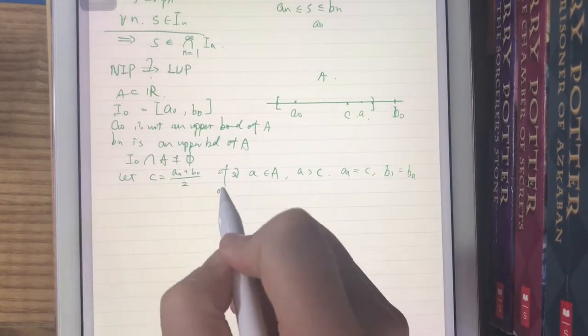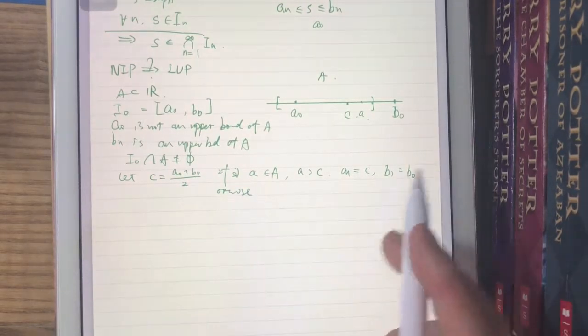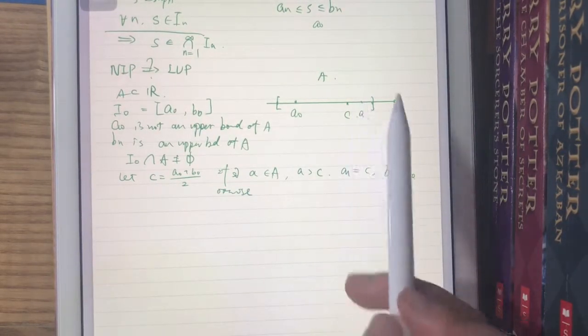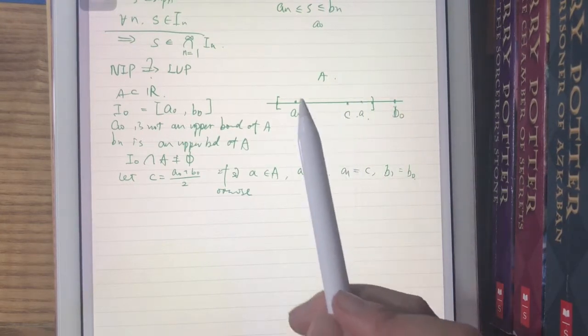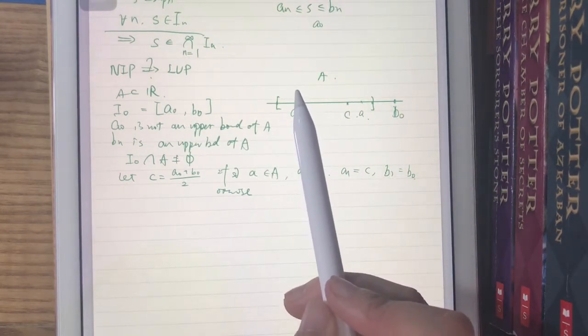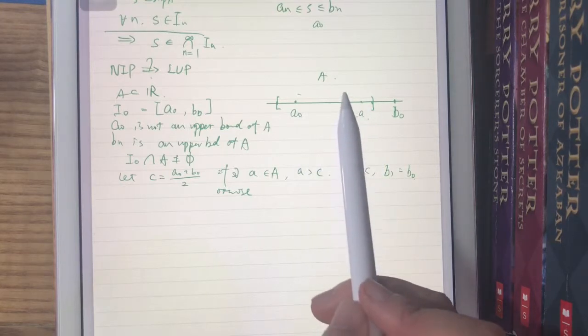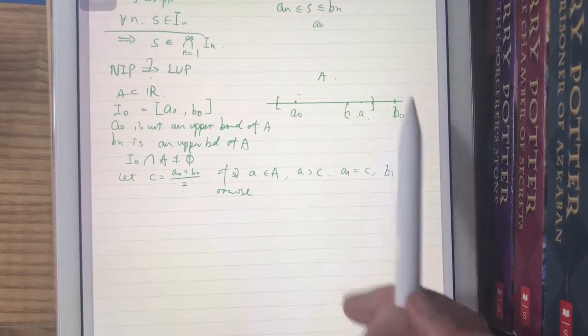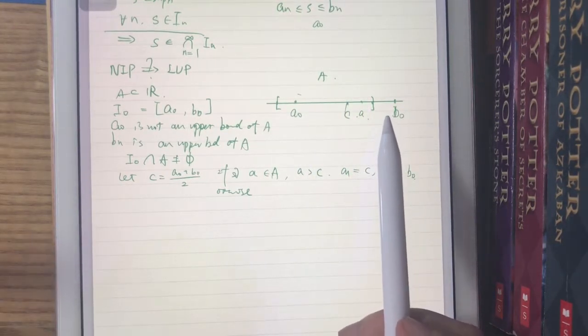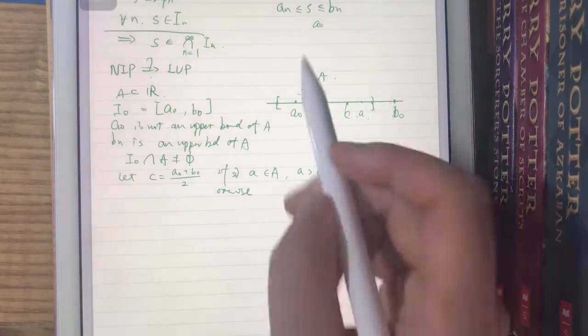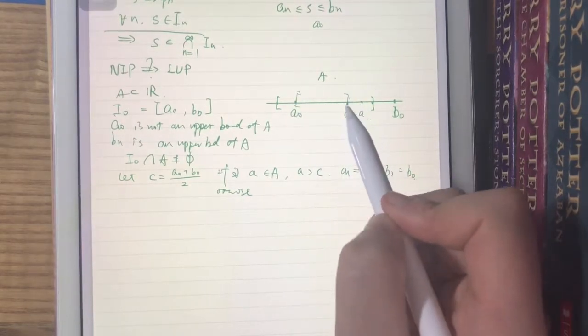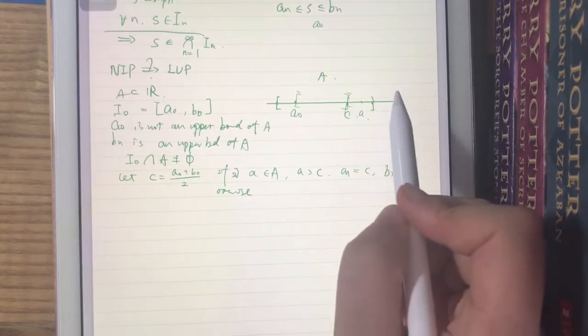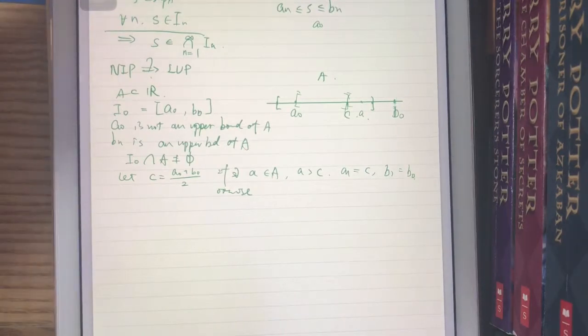Or otherwise, if there is not any element in this part, then we will take the second interval to be A naught to C. So in the case that I draw in this graph, both are okay. You can either take I1 to be like this one or this one. Both are okay, right? Because you can find some element in that part.